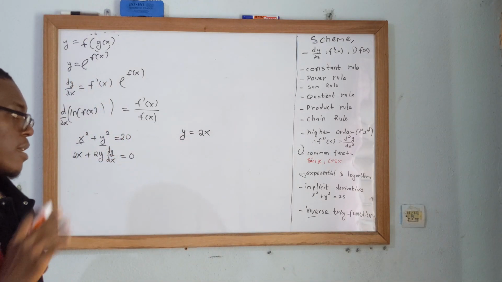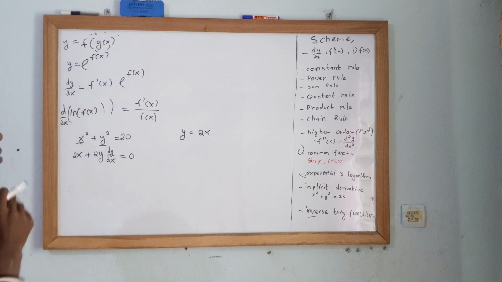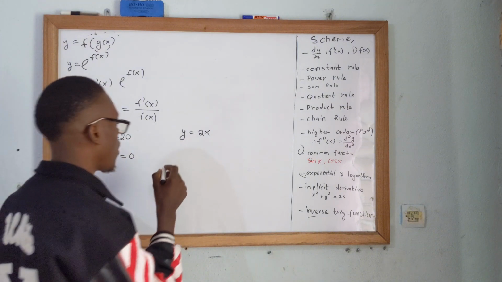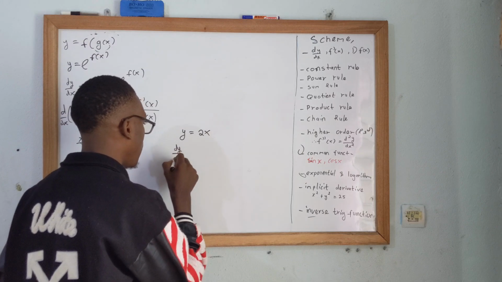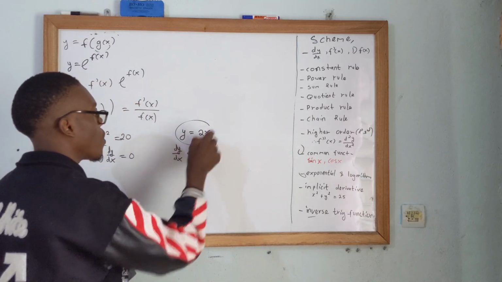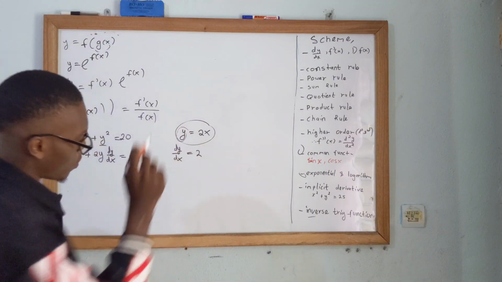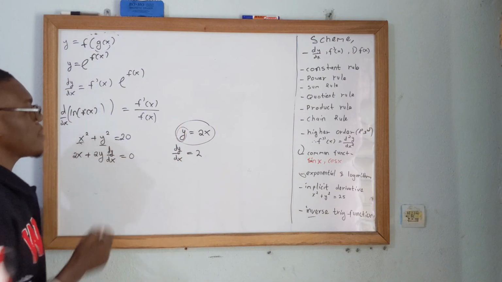Just like an implicit function, because if you bring this here, you have y minus 2x. It's just looking similar to this one. But what you have at the end is dy/dx equal to 2, meaning you differentiated this function with respect to x. That is why you had this, and on this other side, you put dy/dx. That is exactly the same thing you have here.